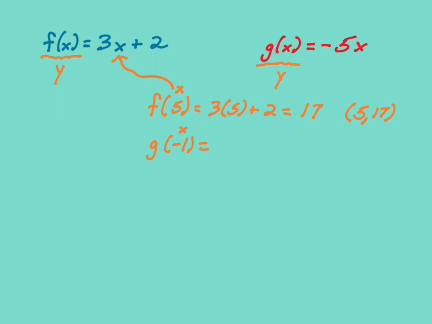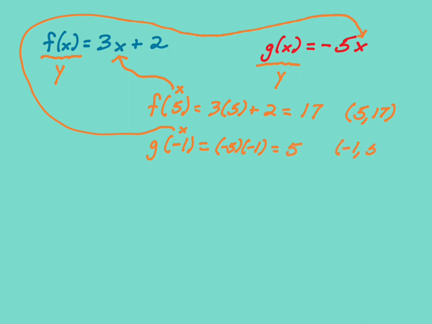Now g of -1 means to put -1 into the g function. So I'm going to have -5 times -1 is 5. So x is -1, y is 5. -1 comma 5 is a point on the graph of that function.